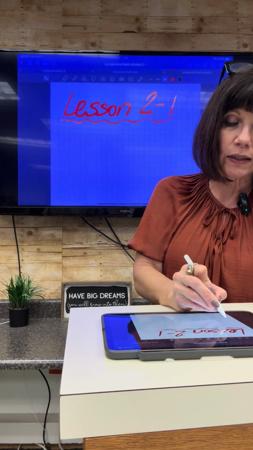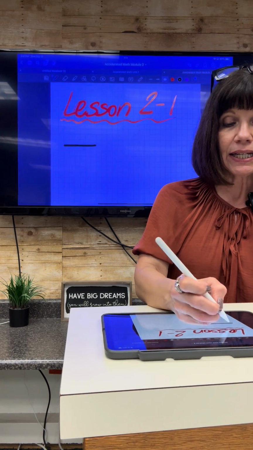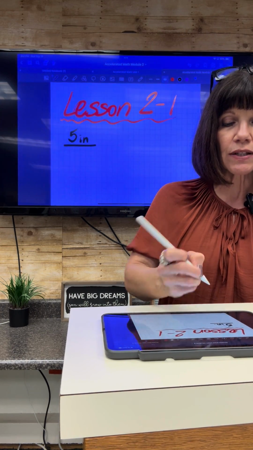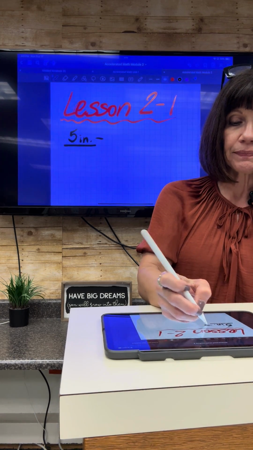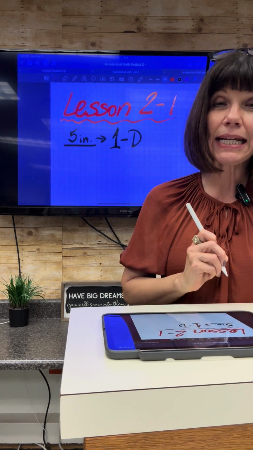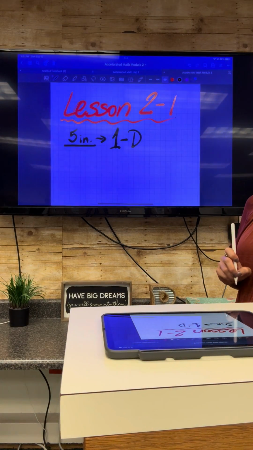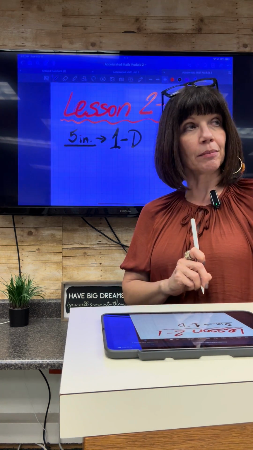Everybody draw a little line, and we're going to pretend that little line is 5 inches long. Then I want you to write, next to that, it is a 1D item. What does the D stand for? Dimension. It is a one-dimensional item, that line.